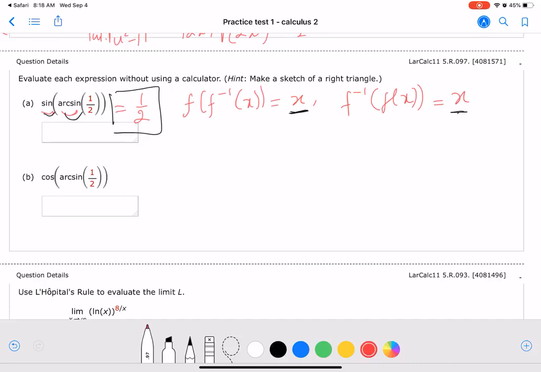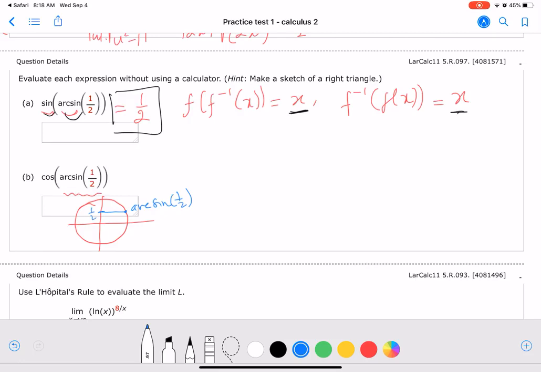The next problem is a little bit more complicated, but not much more difficult. Now you have cosine of arcsine 1/2, and they ask you to find its value. So let's see. Here's the unit circle. Arcsine equal to 1/2: how to find that? I take 1/2 here, make a horizontal line, and that is my arcsine 1/2.